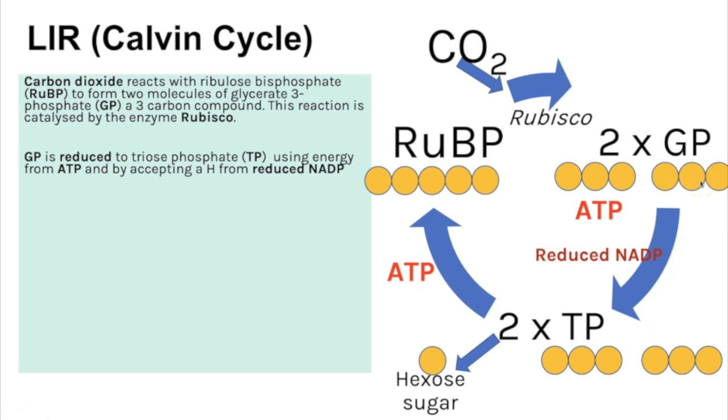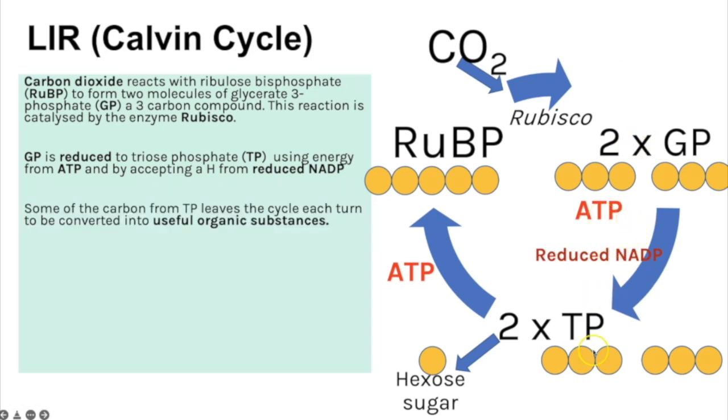This is then where one of the ATP molecules is used, and it's where the reduced NADP is used. GP picks up the hydrogen, and therefore NADP is reformed, and the GP is now reduced to form TP. That reduction requires energy from ATP. The TP is then used for 2 things.